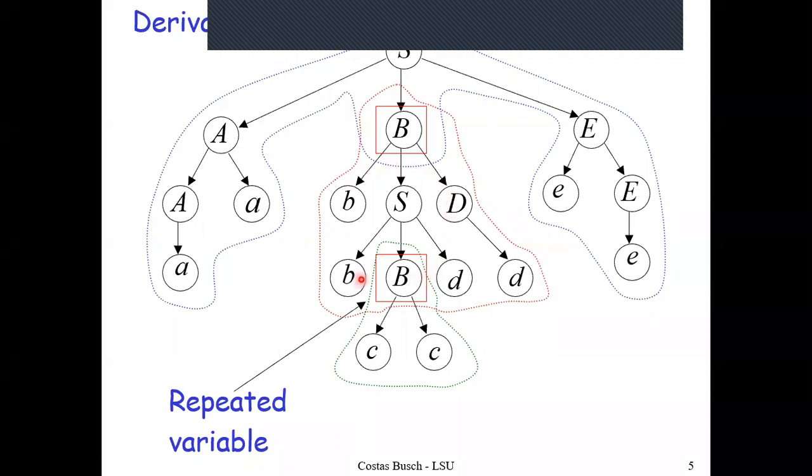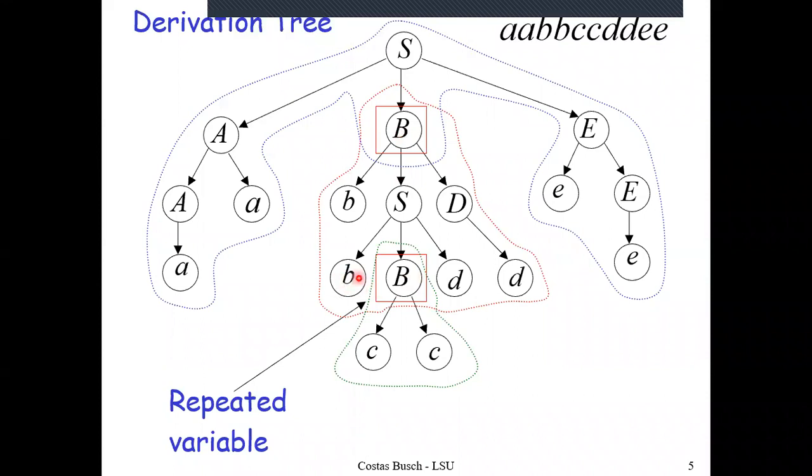And then I have the middle subtree, which has b as its root. If we come down to certain levels, I can see that these are the leaves of the middle parse tree, and one of the leaves of the middle parse tree is the variable b. The interesting thing is that there is a repetition of the variable b, and this repetition has helped us out in decomposing, or in looking at, the three subtrees of the derivation tree.